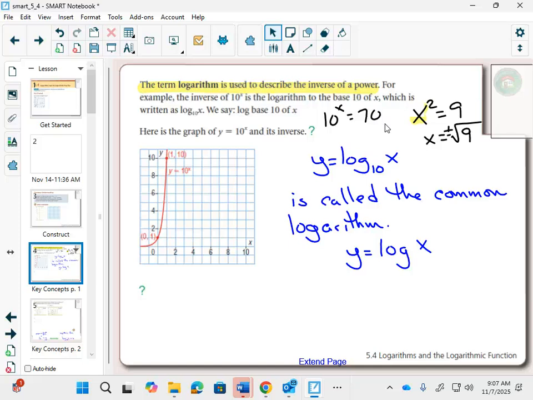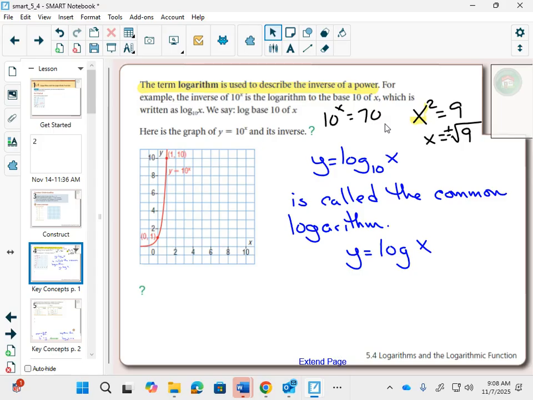So if I took something like 10 to the x, which is the graph right here, and I wanted to undo it, undoing something is an inverse. And we've already learned about inverses in our first chapter. Remember, an inverse was a reflection over the line y equals x. And all you do is take your x and y coordinates and switch them.